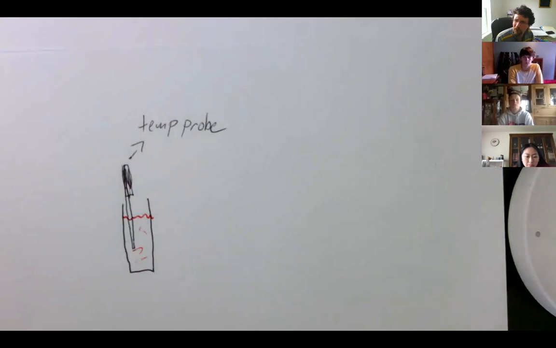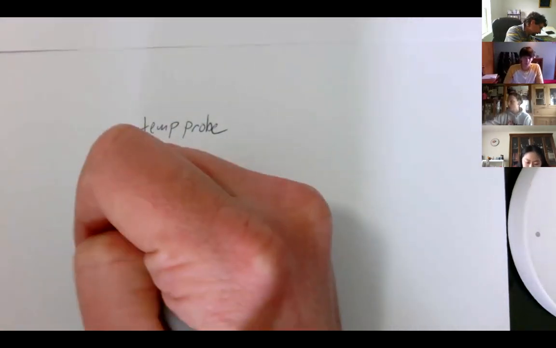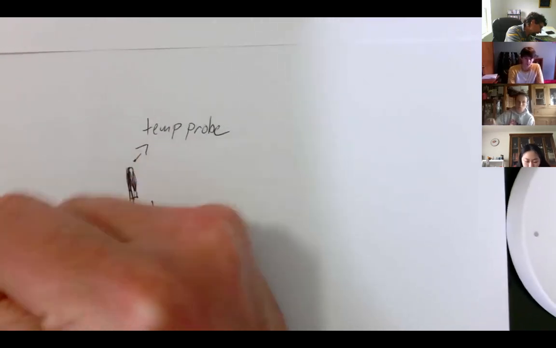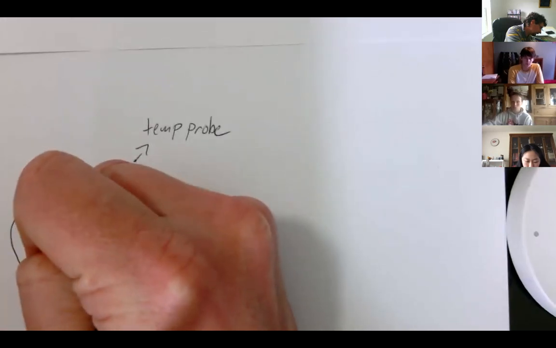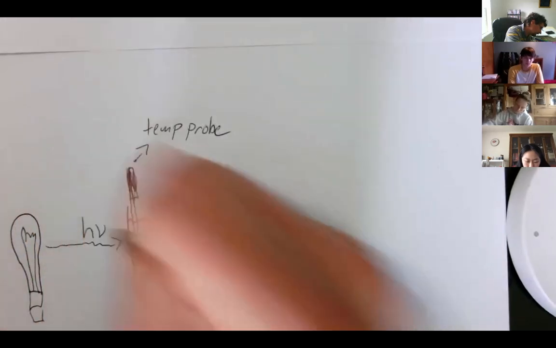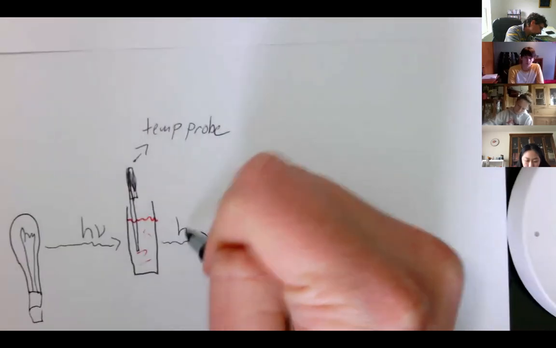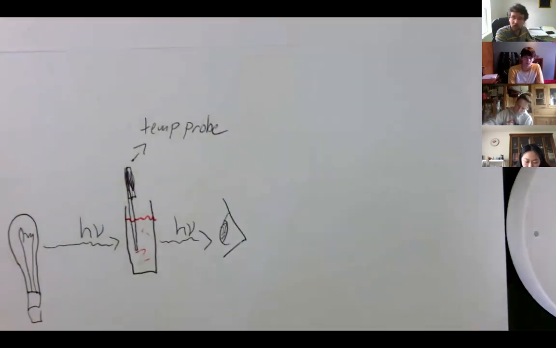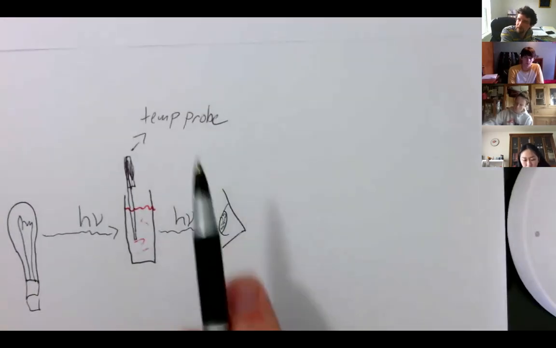How are we going to measure the equilibrium constant? I don't see an equilibrium gauge anywhere in the lab. Through the absorbance. Yep, so we'd be looking at absorbance. That's meant to be a light bulb, it's got a source. So what we're going to do is measure the temperature and absorbance.